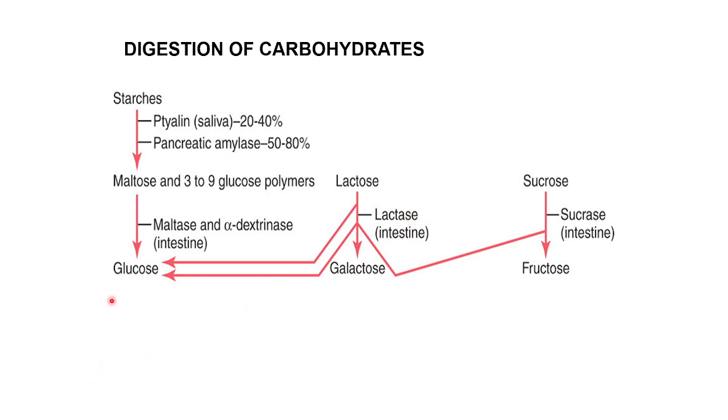So the only absorbable forms are simple saccharides, which are just three: glucose, fructose, and galactose. Only these three can be absorbed, the rest can't. All the starches, all the complex saccharides that we get with food have to be broken down to these three.